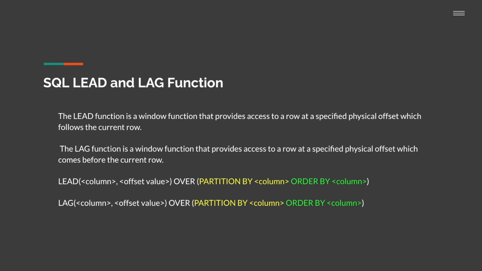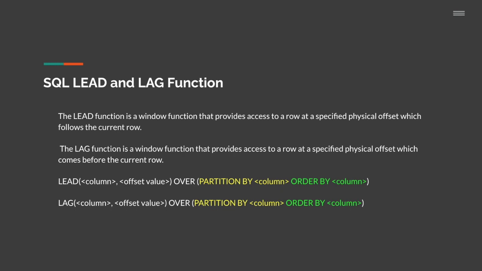The order by will determine the order in which the data will be returned to you. So the lag function has in essence the same syntax structure as the lead function, with the only difference being that it is started with the lag keyword.